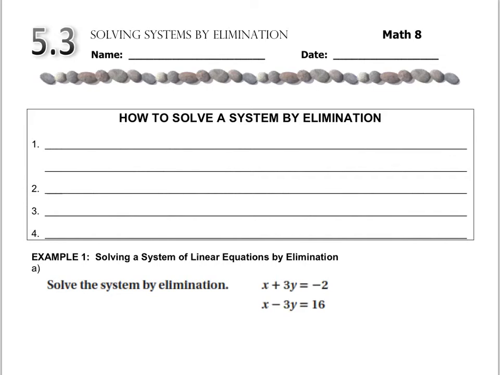So again, go with me on the steps. It's going to sound a bit confusing, but as we do the example, it'll make more sense. The first step is to multiply, if necessary, one or both equations to make a coefficient opposites.